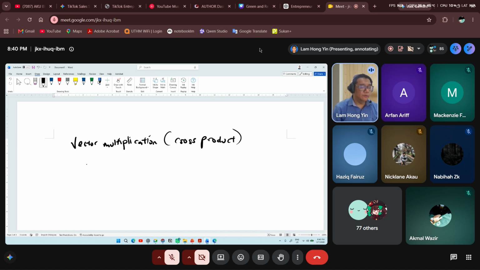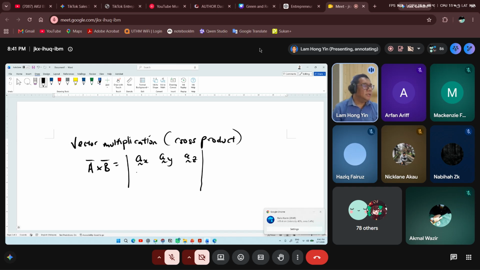If you still remember A cross B, how do we perform it? We usually use matrix multiplication. We write ax, ay, and az, and then on the next row the components of vector A: the magnitudes of A at x, y, and z.